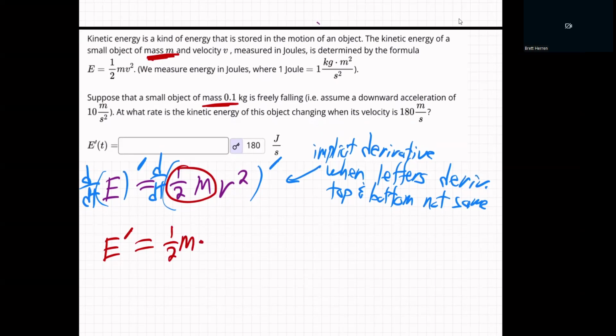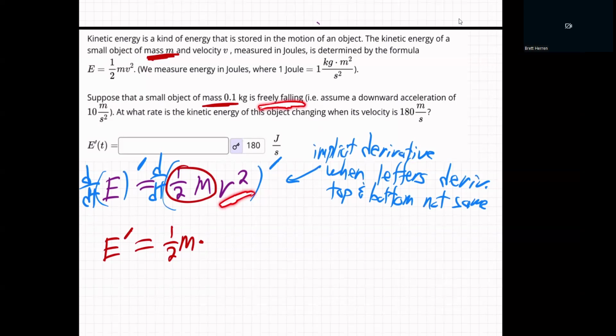Now the v, though, the velocity of the object, is changing. Why? Because what are they saying is happening? It's freely falling. So we're measuring a small object that's been let go from the window of an airplane or the top of a cliff or outside the window of a building.